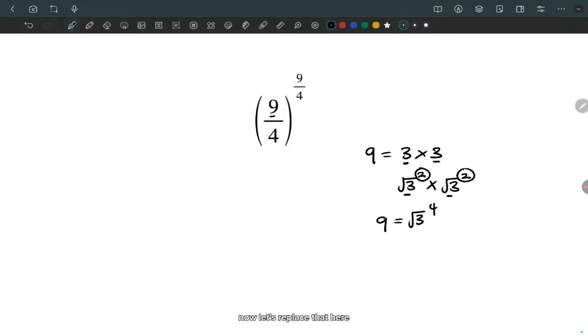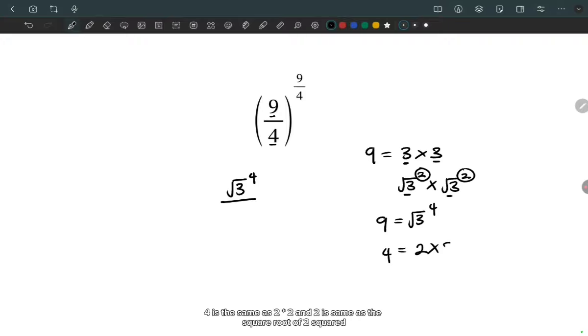Now let's replace that here. So this is the square root of 3 raised to the power of 4, all over... Now we're going to be simplifying the 4 as well. 4 is the same as 2 times 2. And 2 is the same as the square root of 2 squared, times this 2, which is the square root of 2 squared.